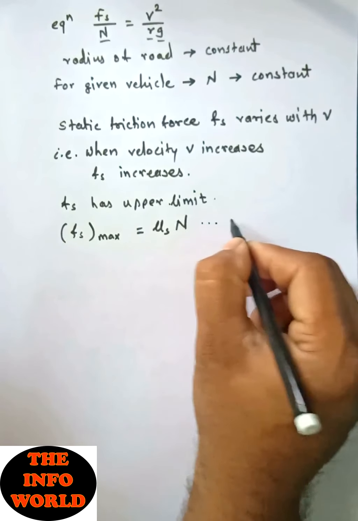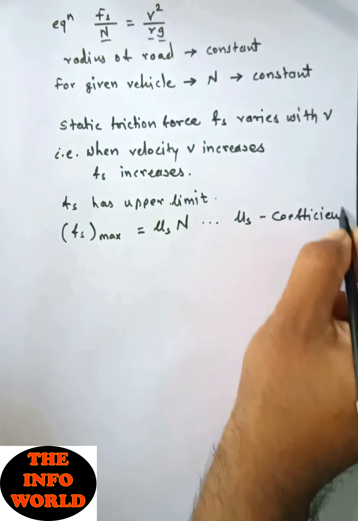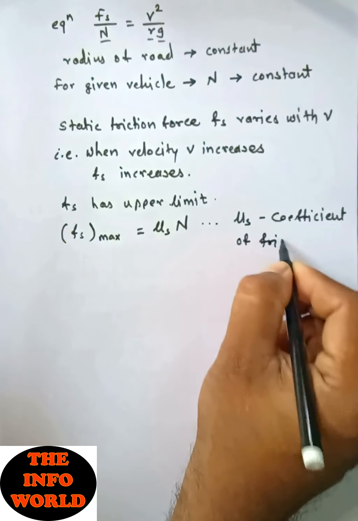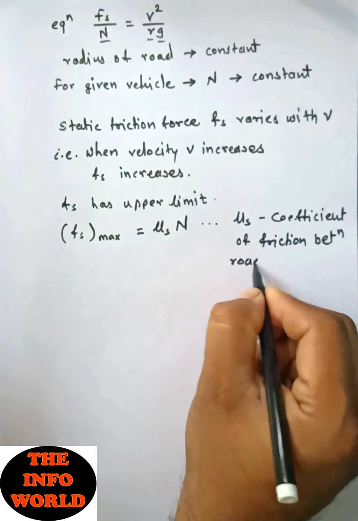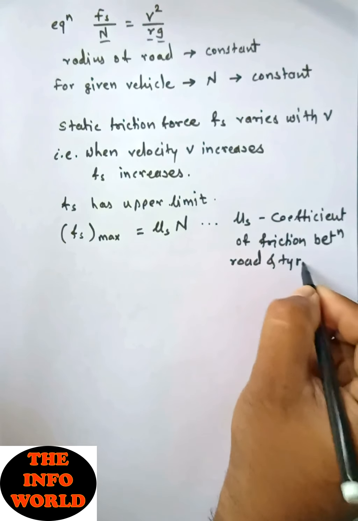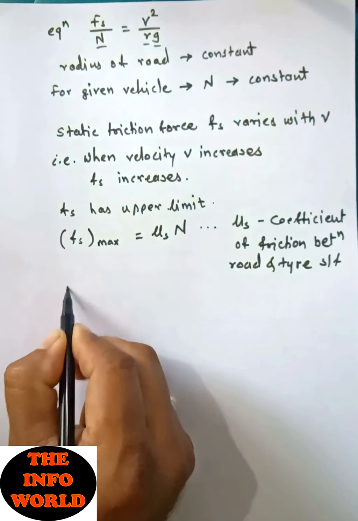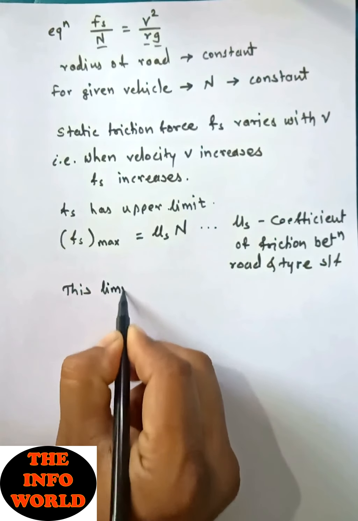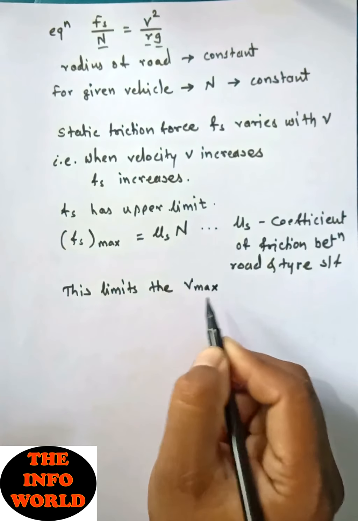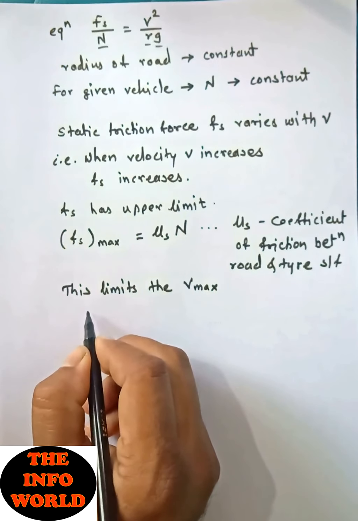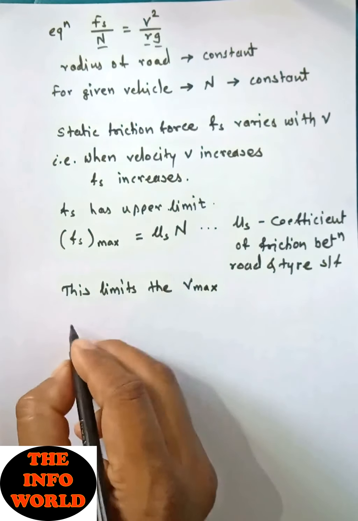So this mu s is the coefficient of friction between the road and tire surface, and this limits the maximum value of velocity. For any given road and vehicle, the maximum value of speed is fixed, otherwise the vehicle may overturn.